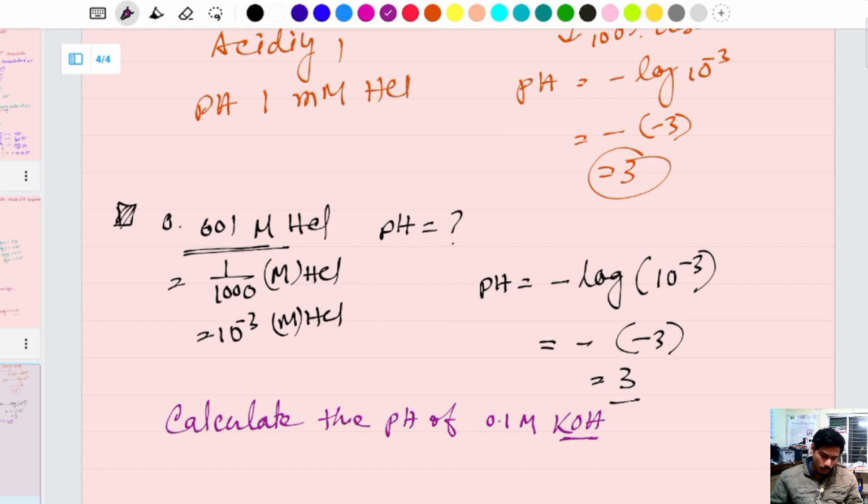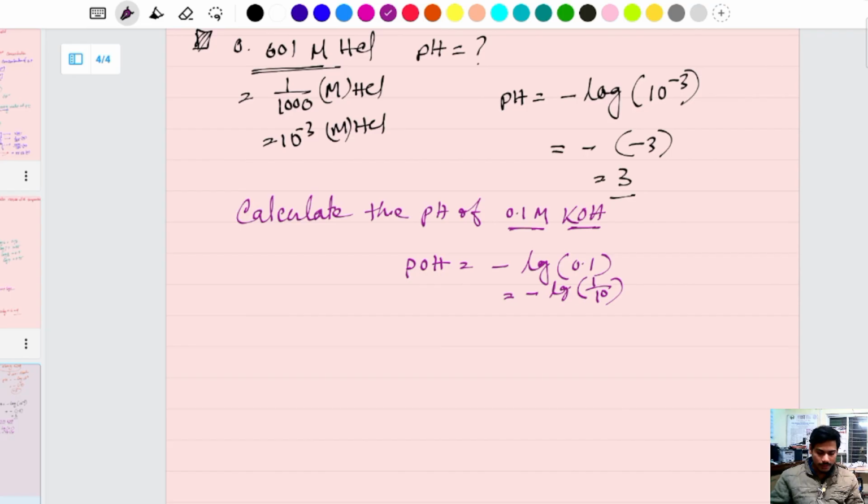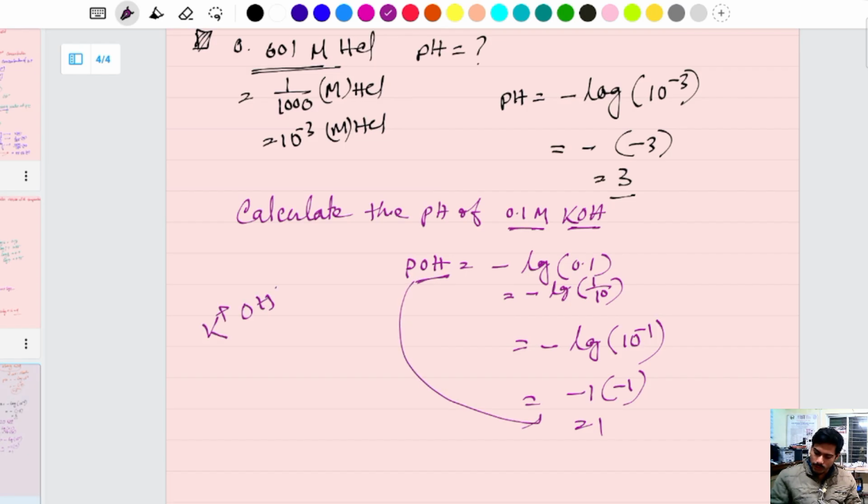So let's take OH at 0.1 molar. pOH equals minus log of 0.1, that is 1 by 10, minus log of 10 to the power minus 1. So minus minus 1, it's 1. So pOH equals 1 because of K plus OH minus.